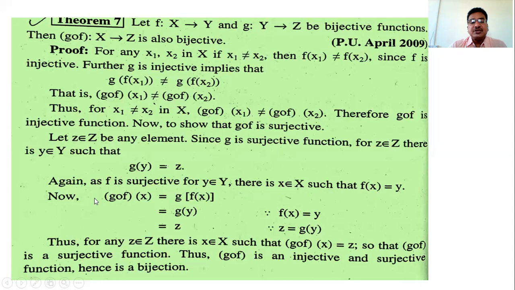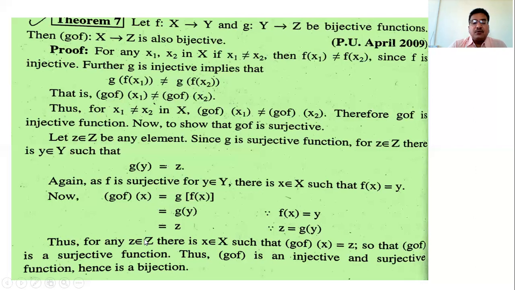And then find g circle f of x, which is g of f(x), and f(x) is y and g(y) is z. So what do we have? This x is the pre-image of z under g circle f, and therefore the function g circle f is a surjective function. For any z belonging to Z, there exists x in X such that g circle f of x is equal to z.